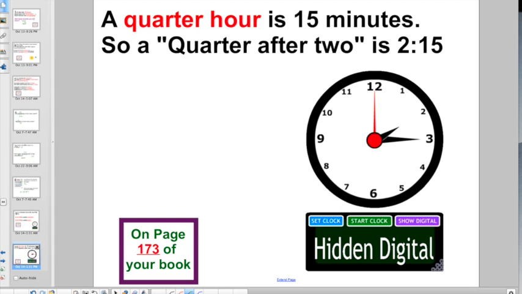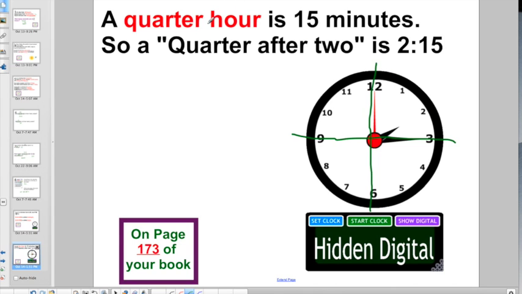So here they're talking about how a quarter hour is 15 minutes. And we've already had our fractions, right? So we kind of talked about quarters and those fraction pieces we drew. That's why they call 15 minutes a quarter of an hour. If you drew a picture on it like that, that's a quarter of an hour.